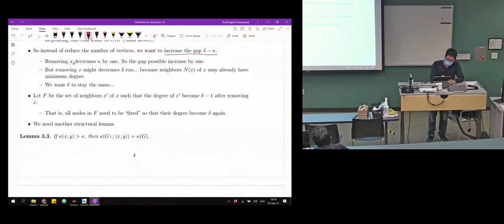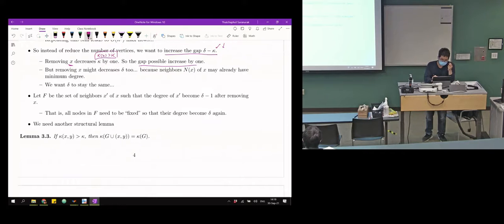Let me assume that kappa x is strictly greater than kappa, because otherwise we are done. We remove x, so kappa is reduced by 1, and the gap possibly increases by 1 because this thing decreased.